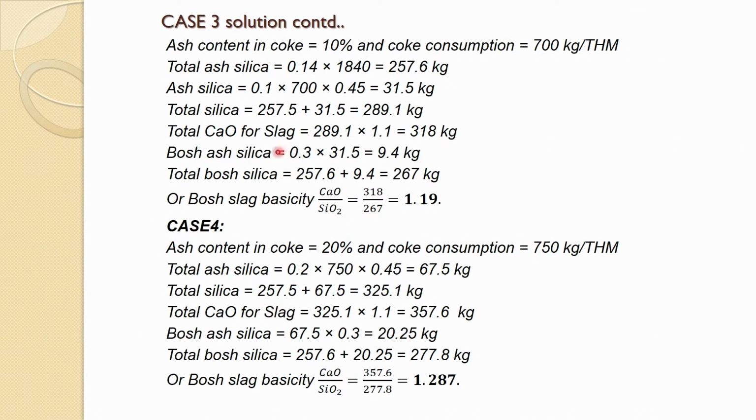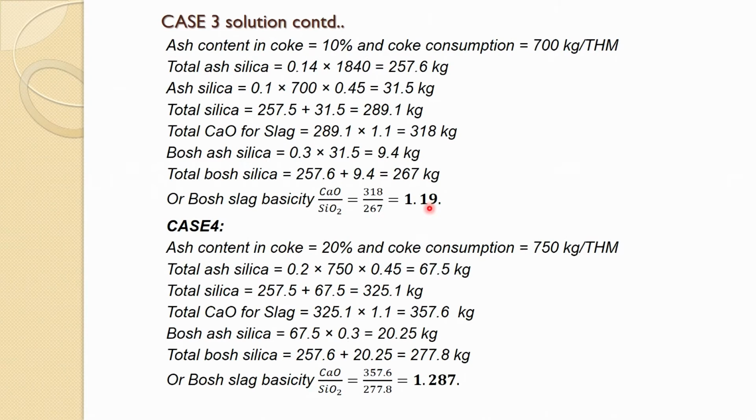So, Bosh's silica from the coke, 30% of it, would be only 9.4 kg. So, 9.4 kg plus 257 kg which is coming from the iron ore would be the total silica present in the Bosh region. So, that gives you 267 kg silica, and our lime requirement is 318. So, this gives you about 1.2 basicity in the slag region.